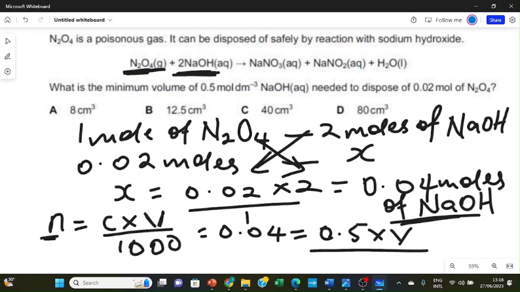So 0.04 is equal to 0.5, the concentration, times V, the volume we are looking for, over 1000. So we cross multiply.